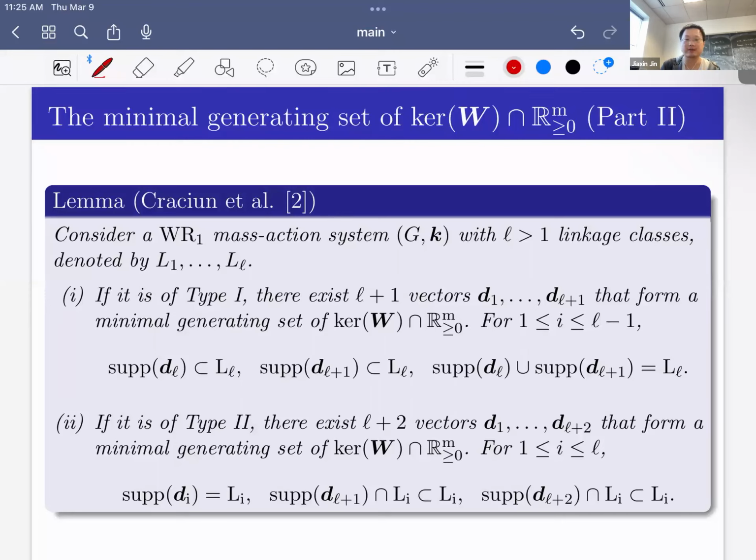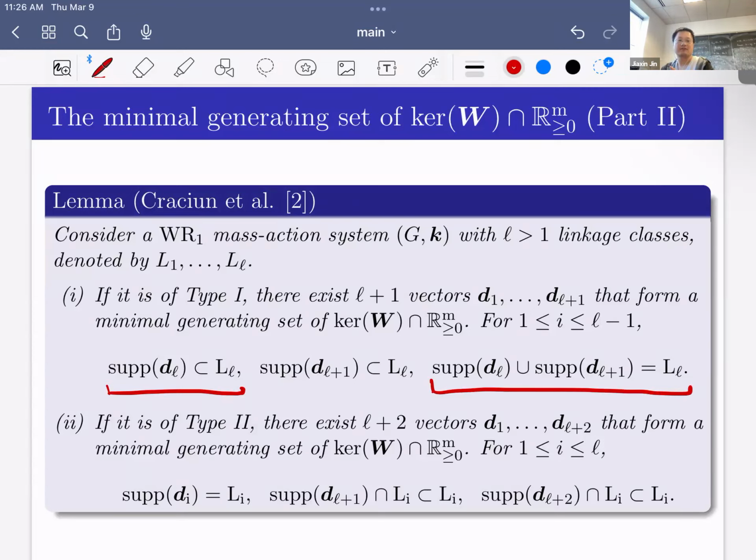For the type 1 network, there exist L plus 1 vectors where the first L minus 1 vectors give us linkage classes, while the last 2 vectors, dL and dL plus 1, give us a final linkage class.